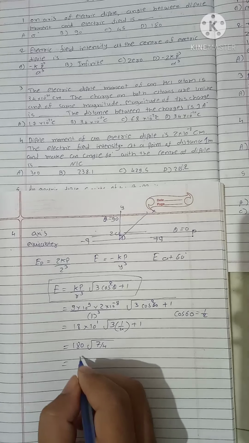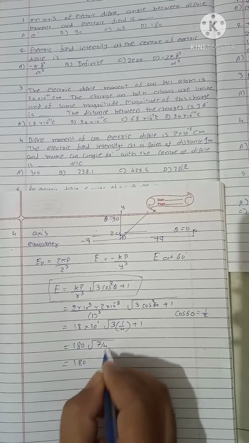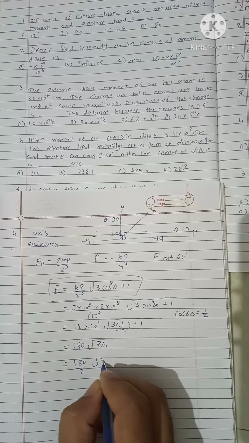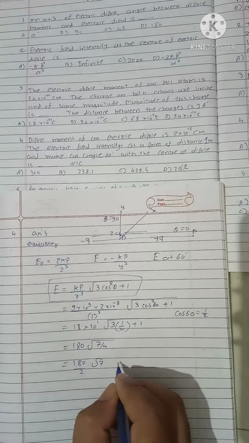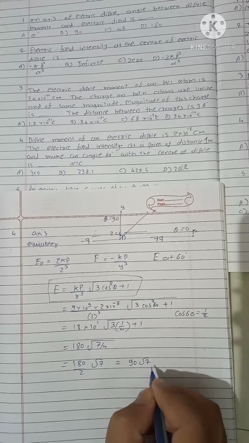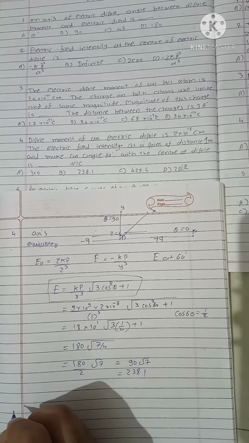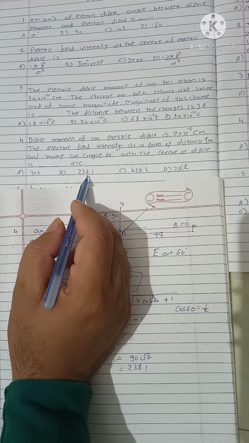So here 180, and the square root of 4 is 2, and under root only 7 remains. So calculating 90 into under root 7 gives the value 238.1. Now see, in the options, option B is our right answer, 238.1.